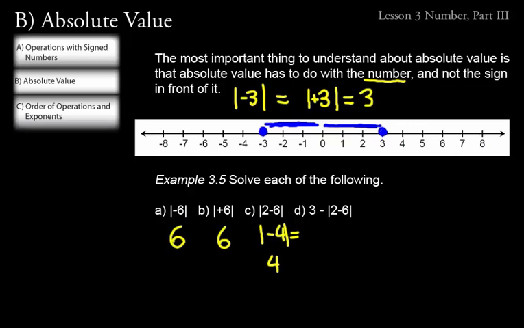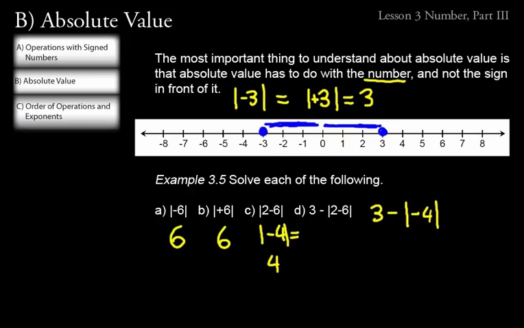And then D, a little more math on this one to do. Let's do what's inside the absolute value sign first. So we'll say 3 minus 2 minus 6, that's what we just did in C, so that's 3 minus 4. Let's back up a little bit though. Let's put the absolute value bar in the negative 4 right there. And so it looks like 3 minus a negative 4, doesn't it?